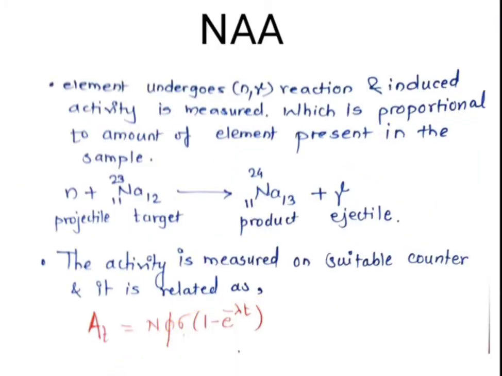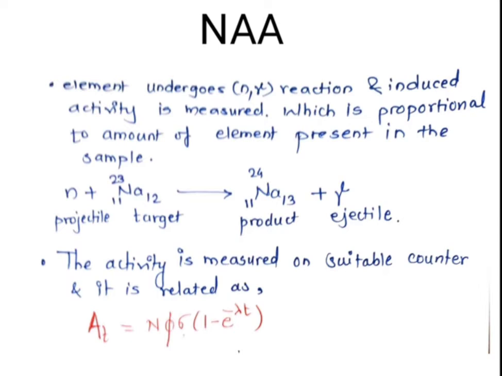So thermal neutrons are bombarded on the sodium-23. After capturing the neutron, sodium-23 will become sodium-24. One neutron is added, that's why the mass will increase by 1. And there is an emission of a gamma ray photon.